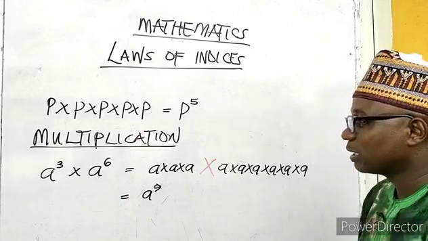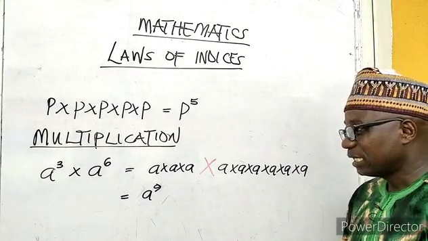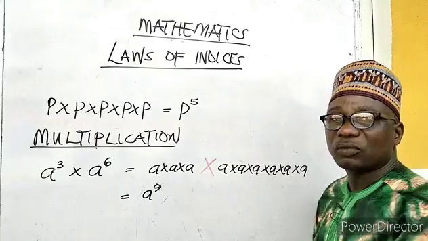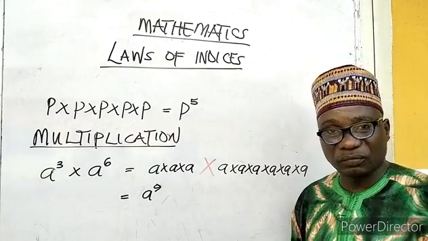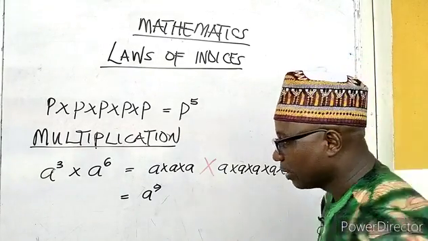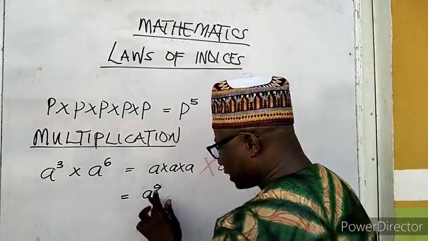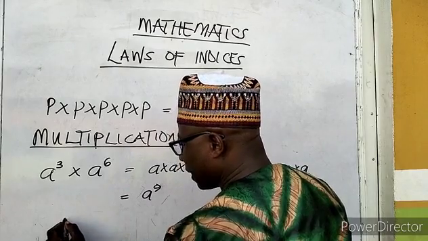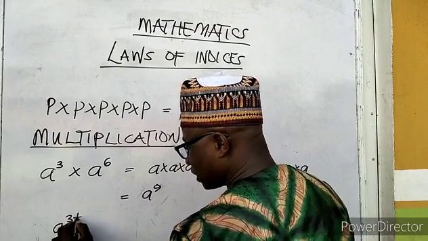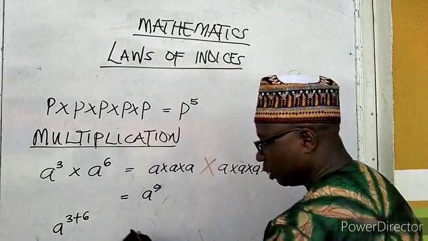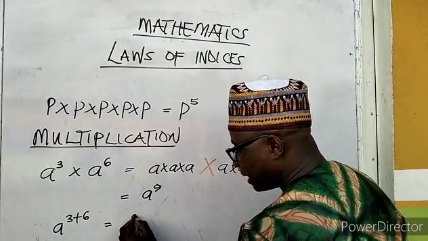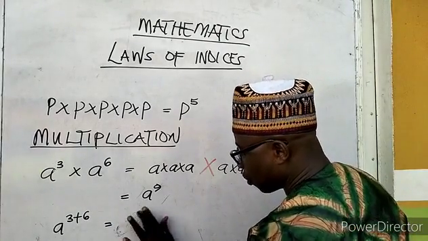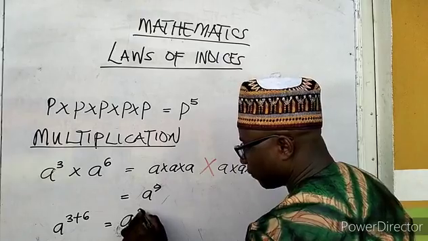At times, in exams, they write it in short form. A raised to the power of 3 plus 6 gives A raised to the power of 9. Is that understood? A raised to the power of 9.